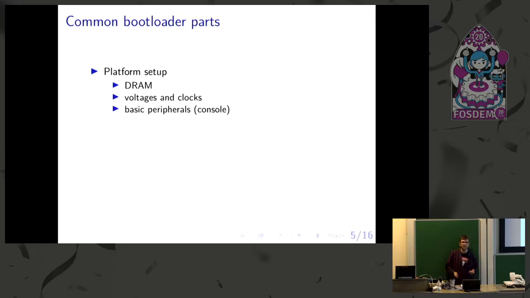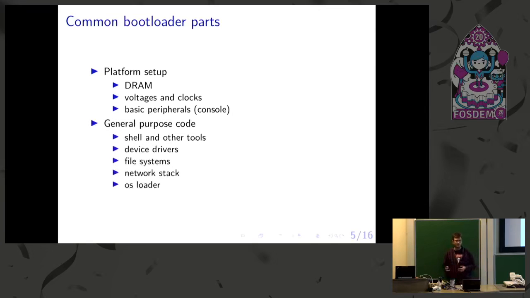Porting a bootloader to a new platform requires writing platform setup code, which will configure the platform to be usable. It turns on DRAM, some clocks, some voltages on board, some basic peripherals like console. Then there is general purpose code which deals with loading the OS kernel from a storage or from a network and starting it.